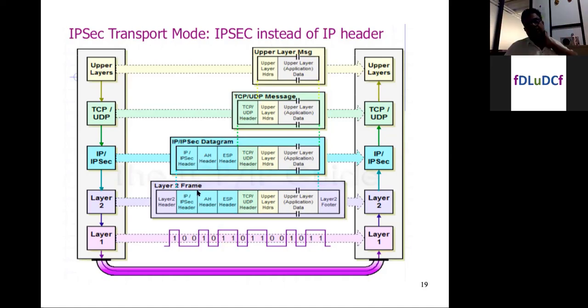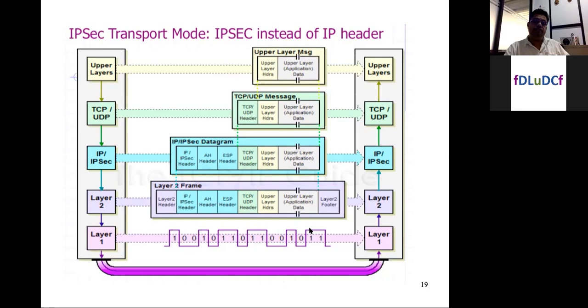Then that packet passes to the media access control layer, which adds the layer 2 header, whatever Ethernet header there is. Then this packet passes to the physical layer for transmission. So that's how it works in transport mode.